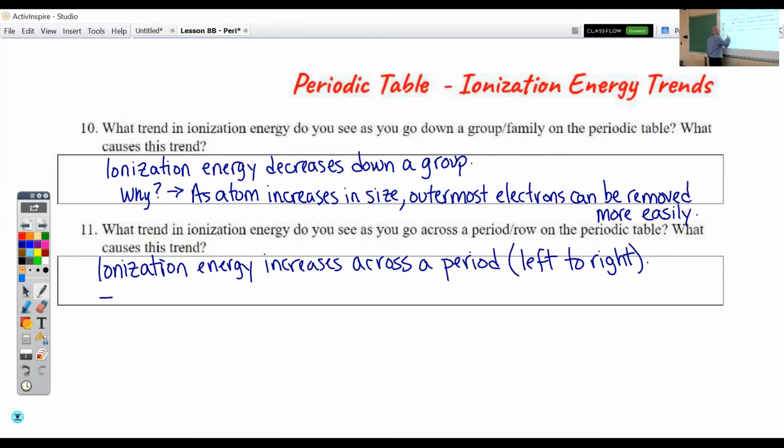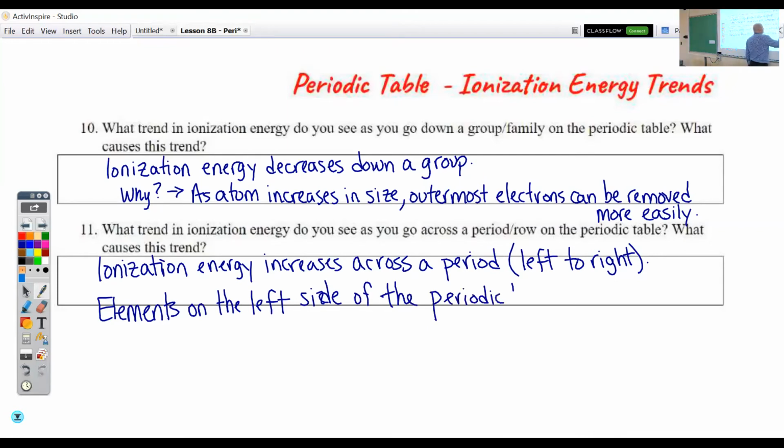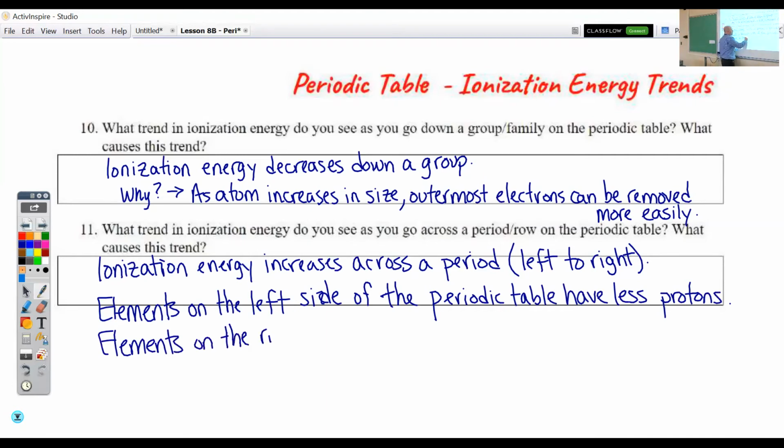So elements on the right side have more protons.